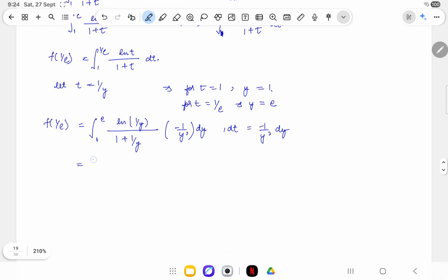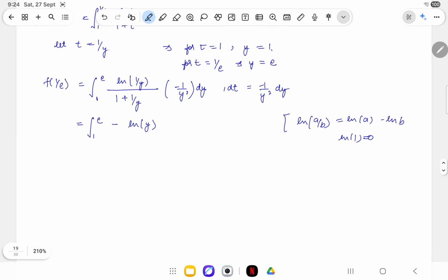So it reduces to integration 1 to e of minus ln y, because ln of a by b is ln a minus ln b, and ln 1 is basically equal to 0.